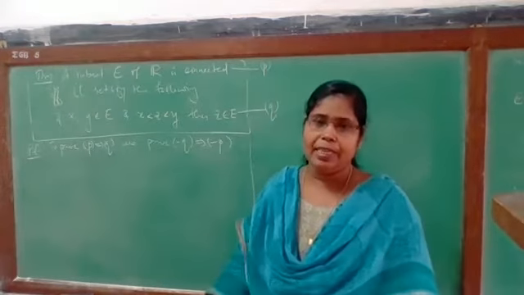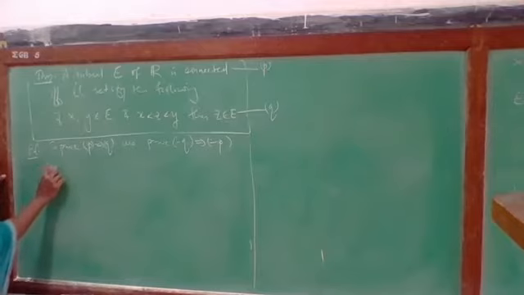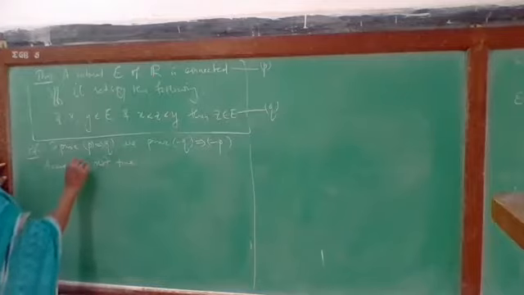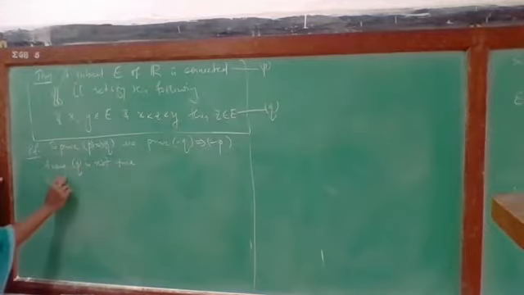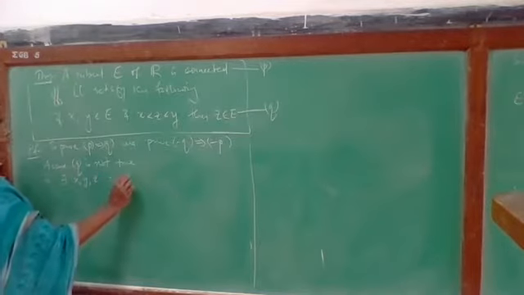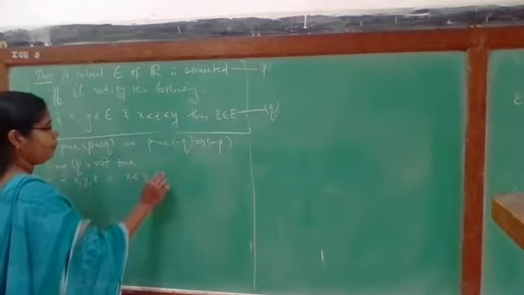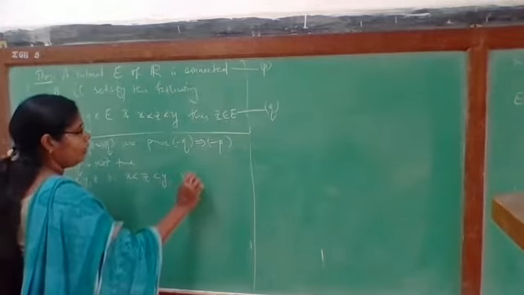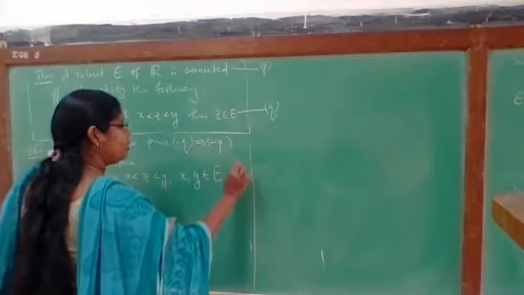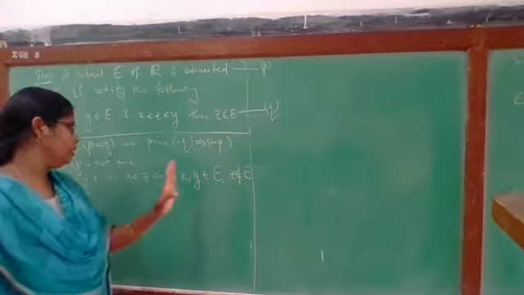So assume Q is not true. That is, there exist x, y, z such that x is less than z less than y, x and y belong to E, but z is not in E. So this is what we have.